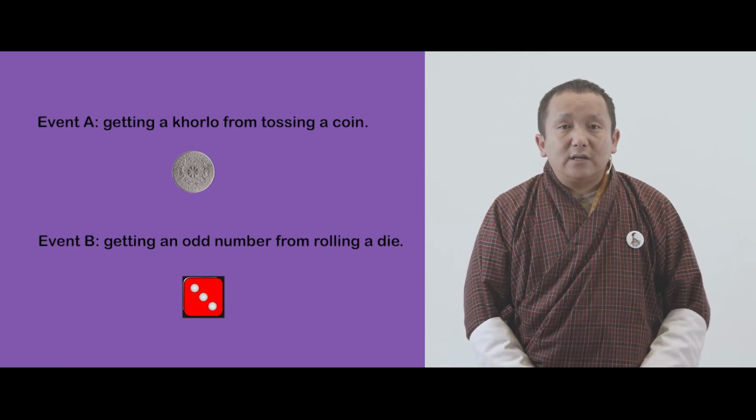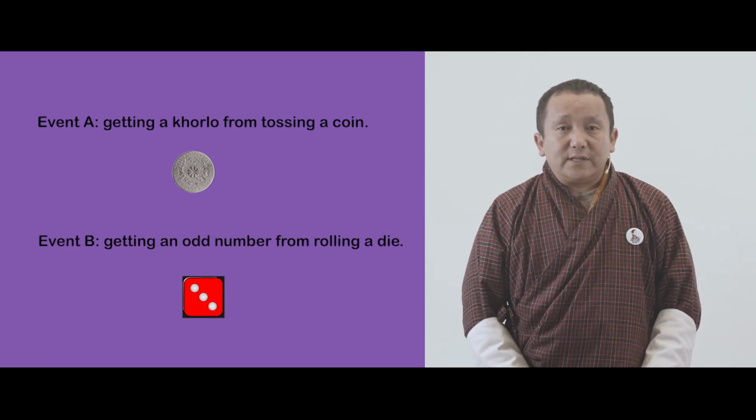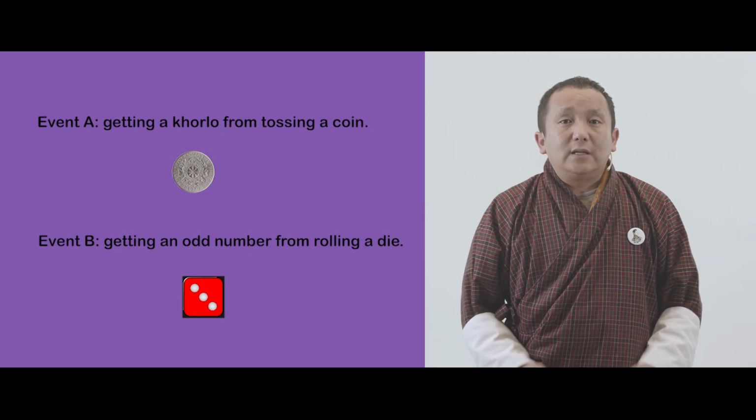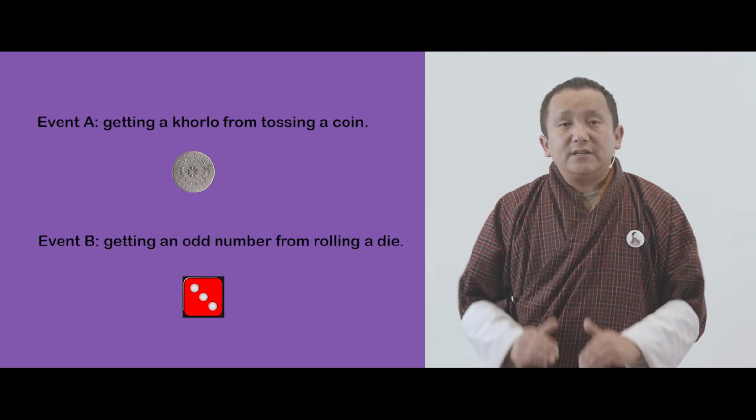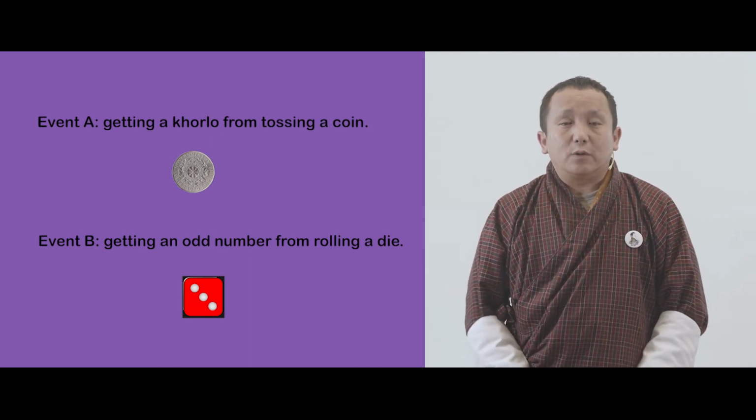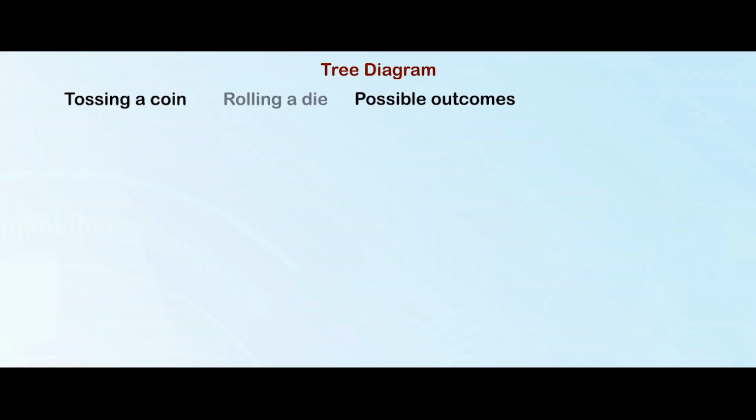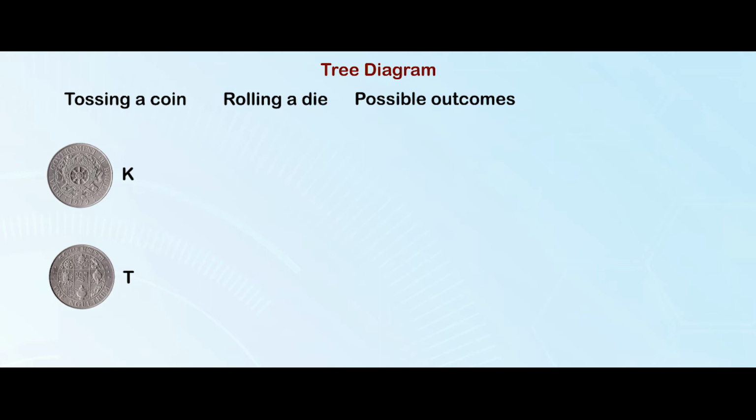To determine the probability of these two events happening together, let us first use a tree diagram.